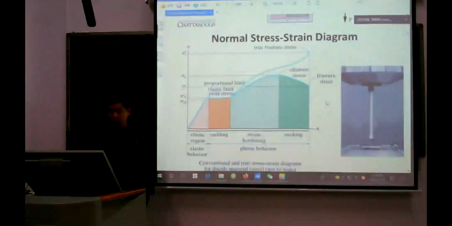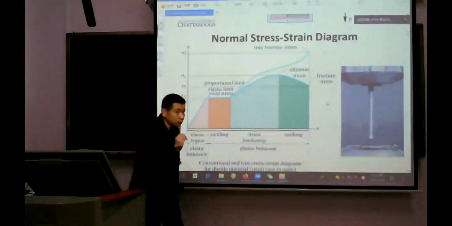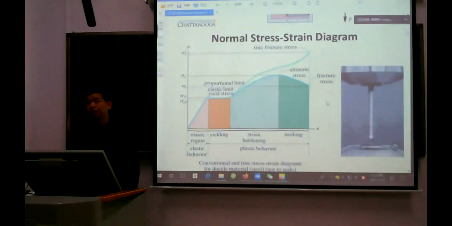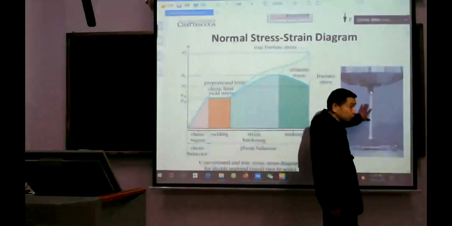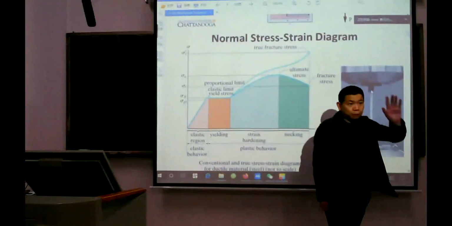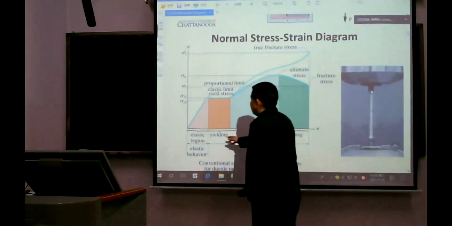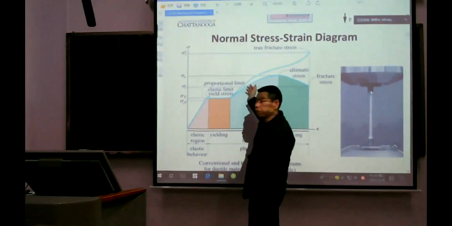In this lecture, the purpose is to know the concepts, how to describe the property of the material. At first, when the rod is loading, when the load gradually goes up, the deformation will gradually go up.